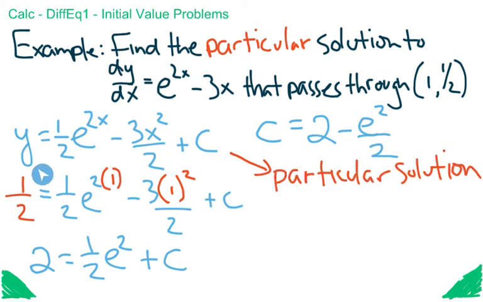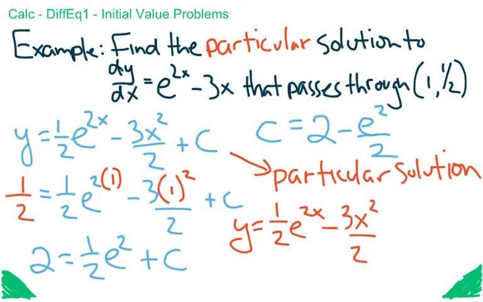So here's the general solution, that very first thing that we did, and the particular solution, sometimes also called the specific solution. That particular solution is y equals 1/2 e to the 2x minus 3x squared over 2, and we're plugging that c value in, plus 2 minus e squared over 2.